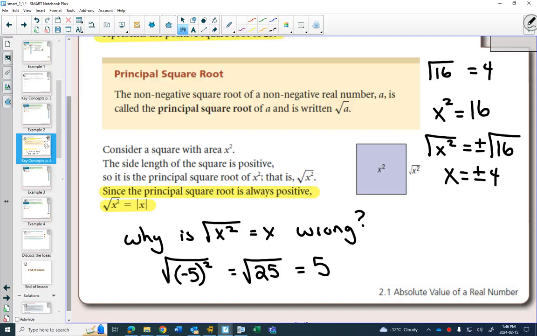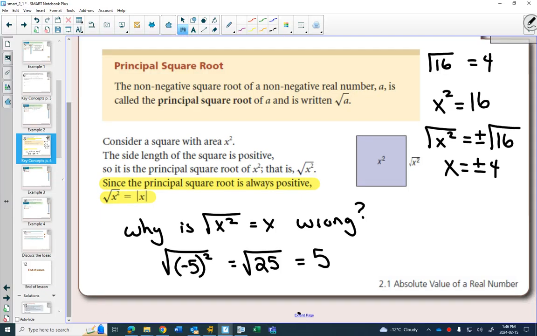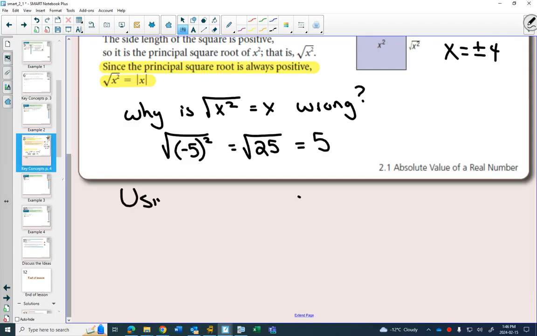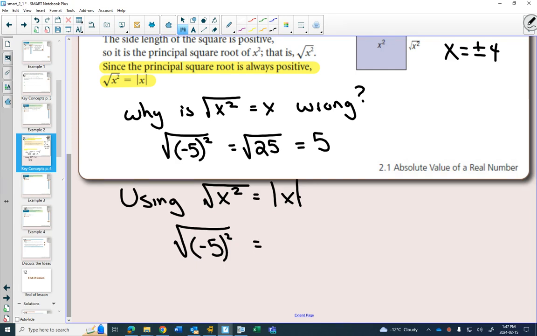So a way to get around that is with the absolute value. If I had the square root of negative 5 squared, and I didn't want to do the mental math, I could say it's equal to the absolute value of negative 5, so it's going to equal 5.